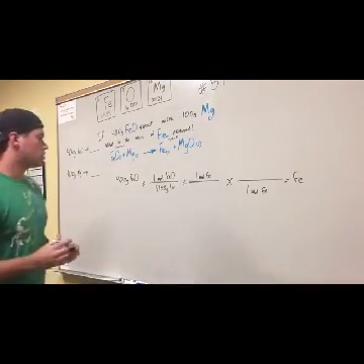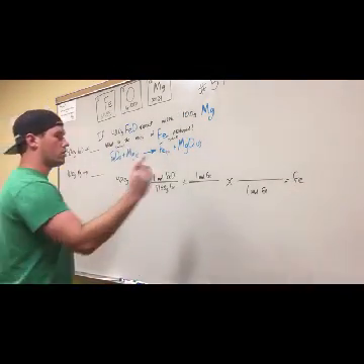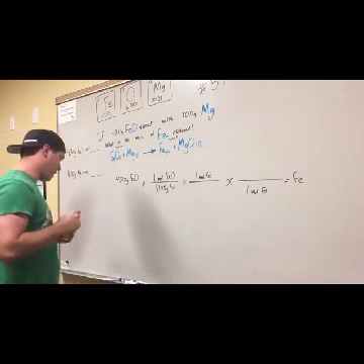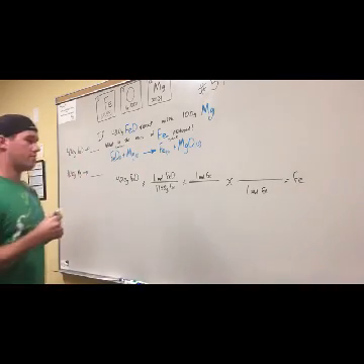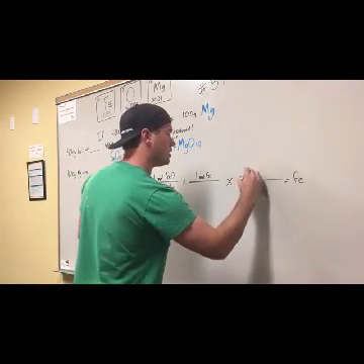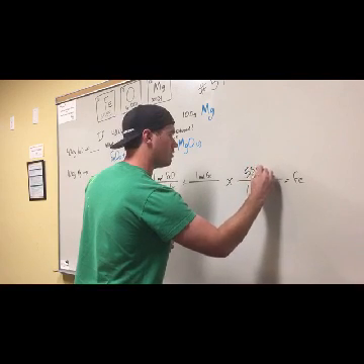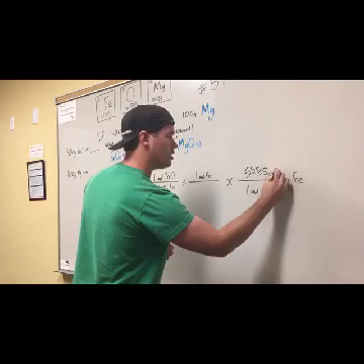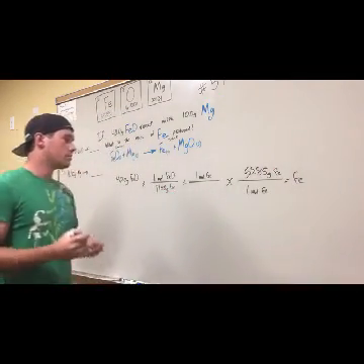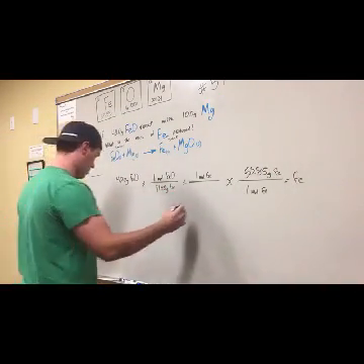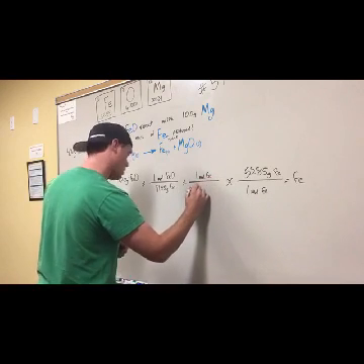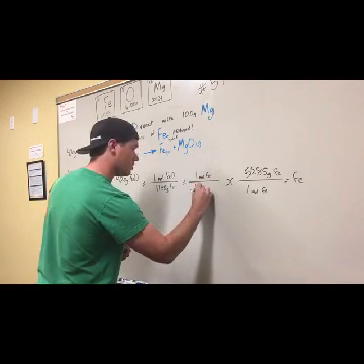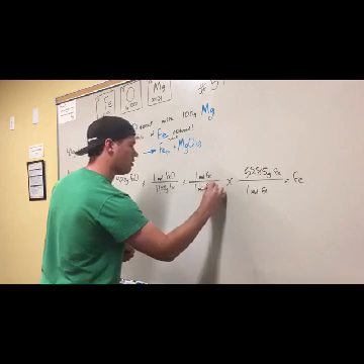Okay, so from here we know that the weight of the iron is 55.85, so 55.85 grams of Fe equals 1 mole. And then we can put the same thing over here. This is the 1 mole of the FeO.